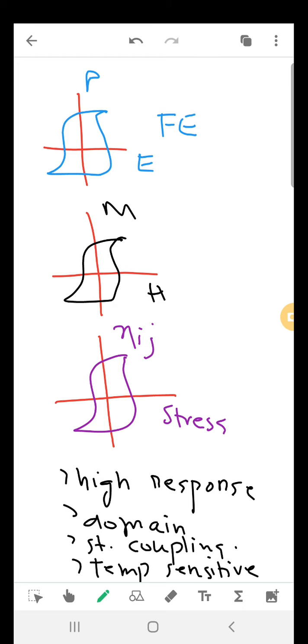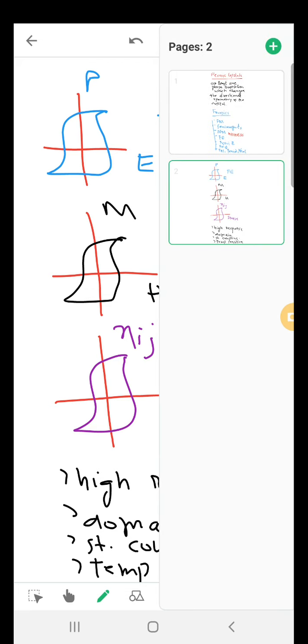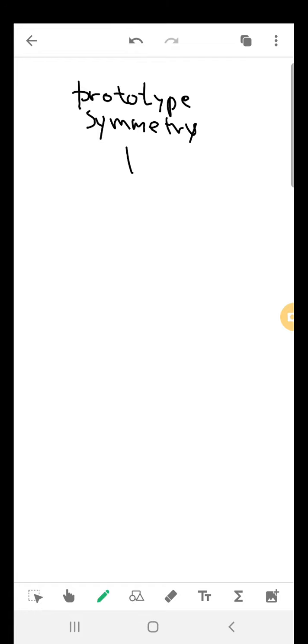Now in the ferroic materials, the important notion of prototype symmetry is in context of ferroic phase transition. It is in connection with ferroic phase transition.